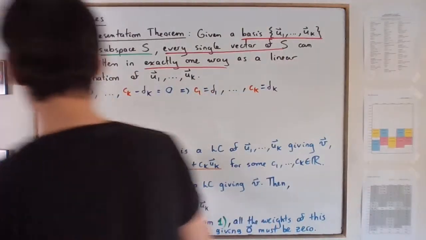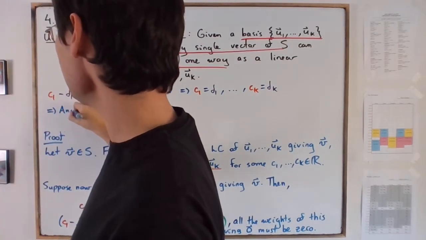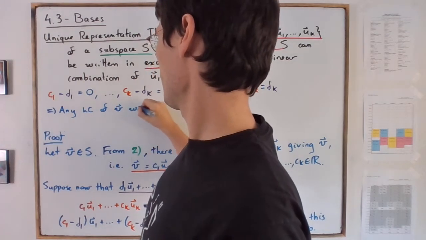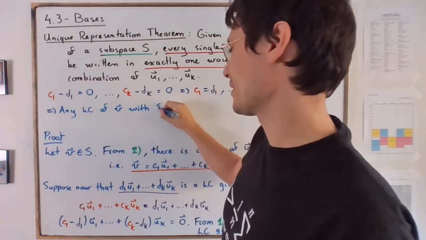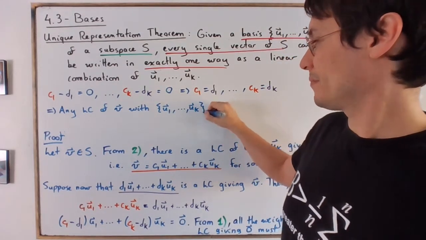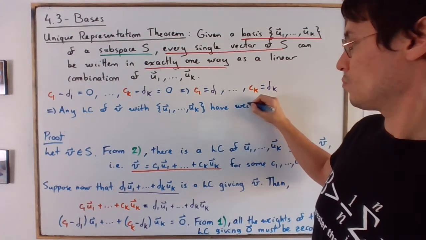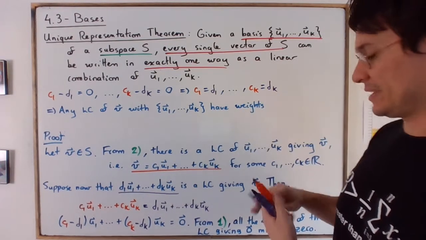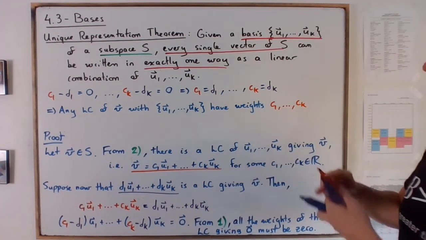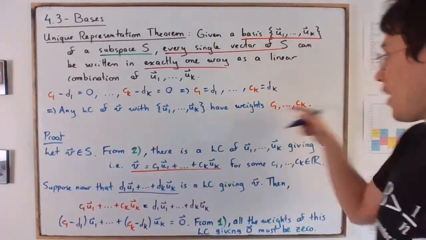So any linear combination of V with U1 to UK has weights C1 all the way up to CK, which means that there's a single linear combination, the one having these weights.